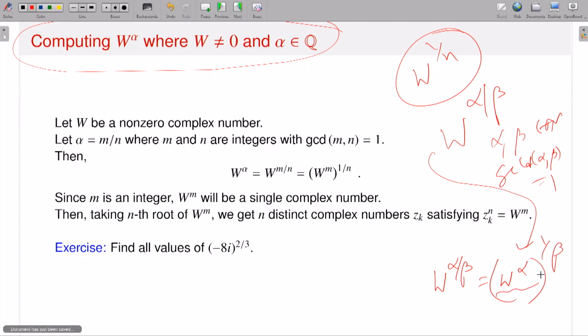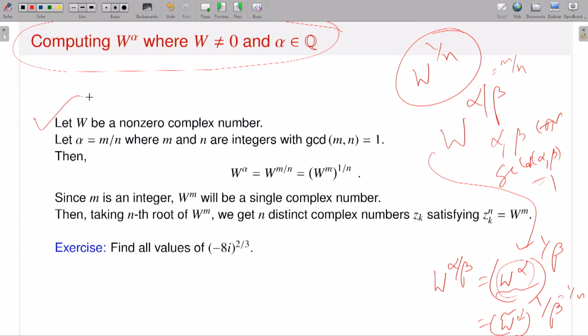Now since alpha is a natural number and w is a complex number, w to the power alpha is one complex number, let it be w twiddle, and then to the power 1 by beta. So that means you have the earlier case, the beta roots of the complex number w twiddle, or if I write m by n, then it should be 1 by n. Then I am talking about nth roots of w twiddle, so that is computing w to the power alpha.